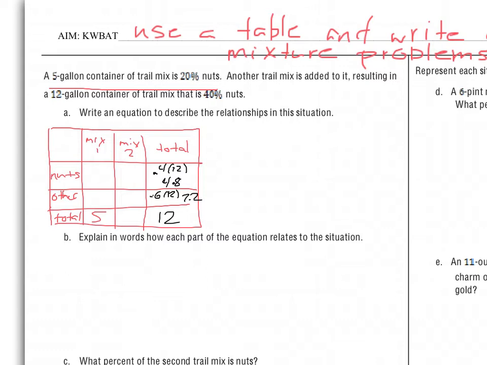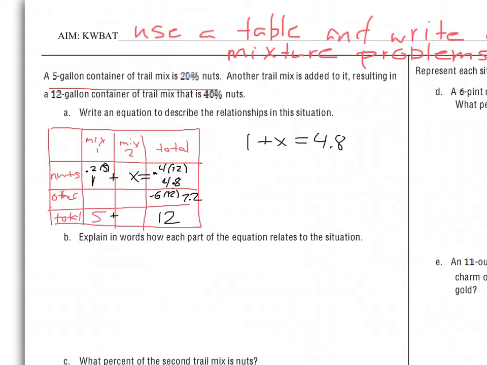So when we're looking at this, we know that we need to have a total of 4.8 gallons. We know this plus this is supposed to be equal to this. Well, we know 20% of this is actually nuts, so 0.2 times 5 is going to give me 1 gallon of nuts. And so really our equation is 1 plus x, this is our unknown, is equal to 4.8.